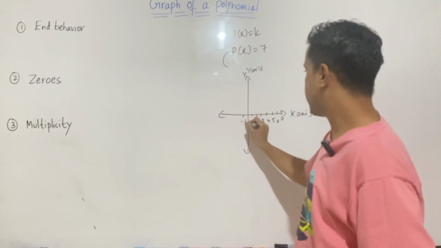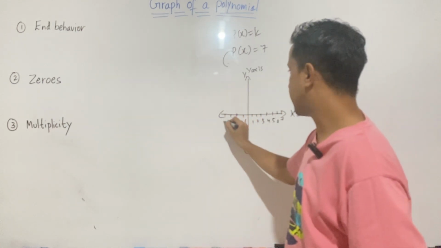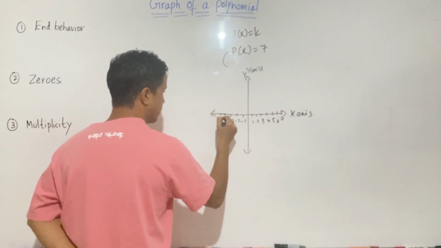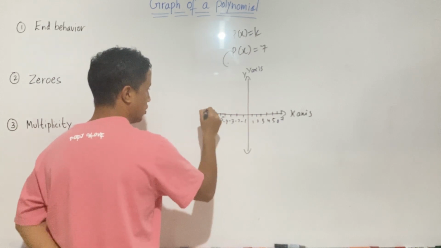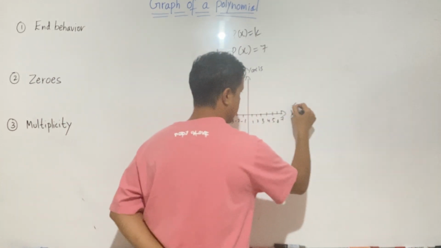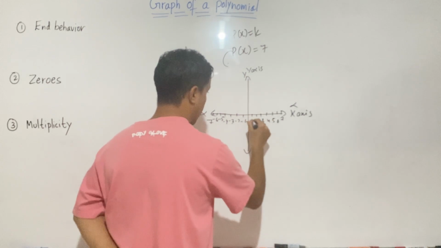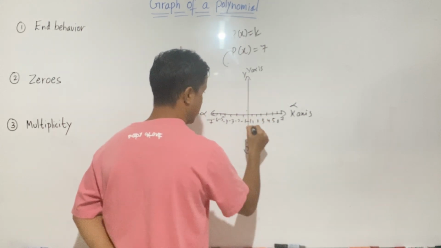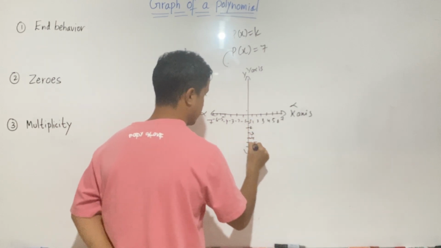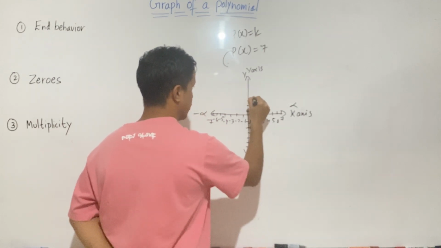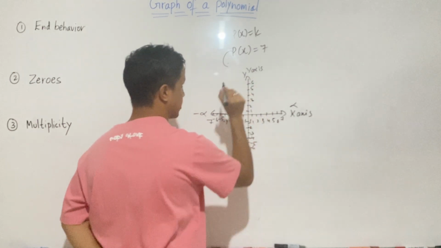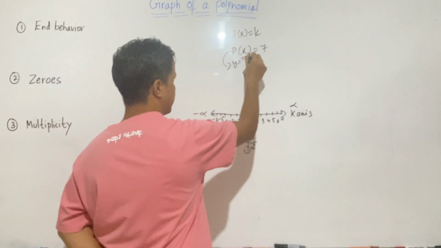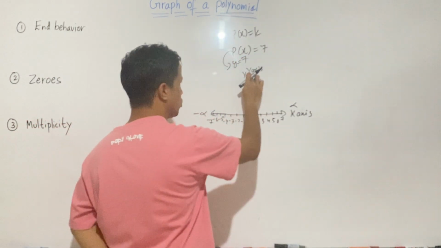On this side -1, -2, -3, -4, -5, -6, -7, so on to minus infinity here and infinity here. So p(x) equal to 7 means y equal to 7.